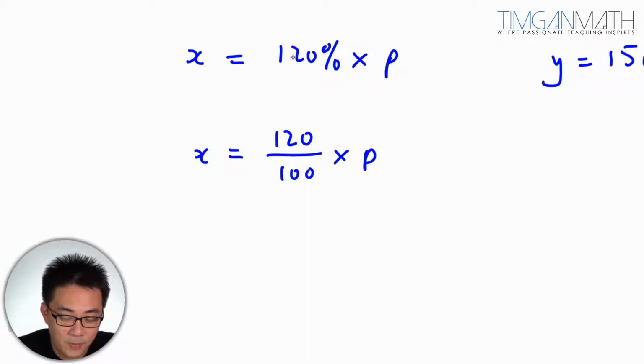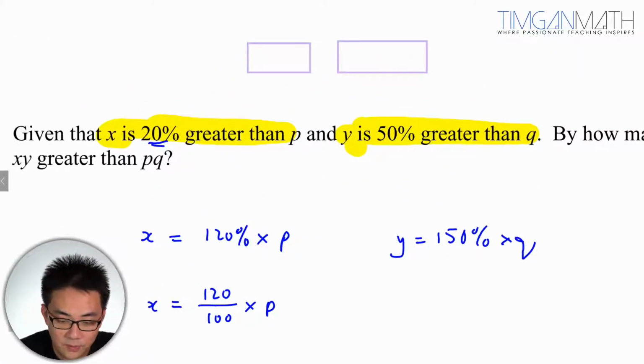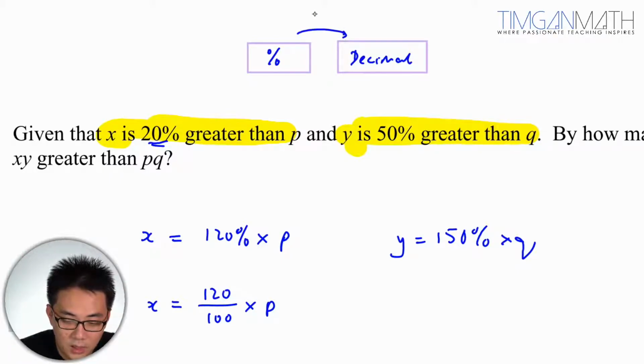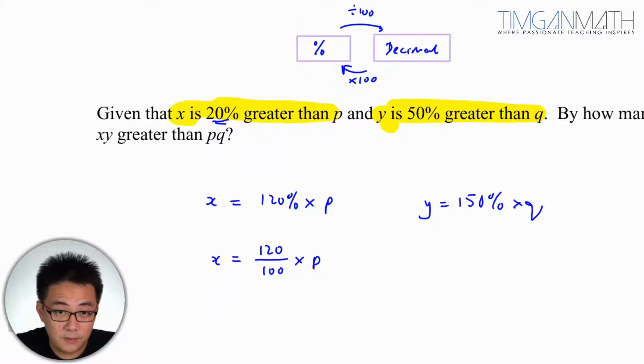So just divide by 100 to change to decimal. Note that from percentage to decimal, we divide by 100, and from decimal to percentage, we multiply by 100. It's just a conversion.